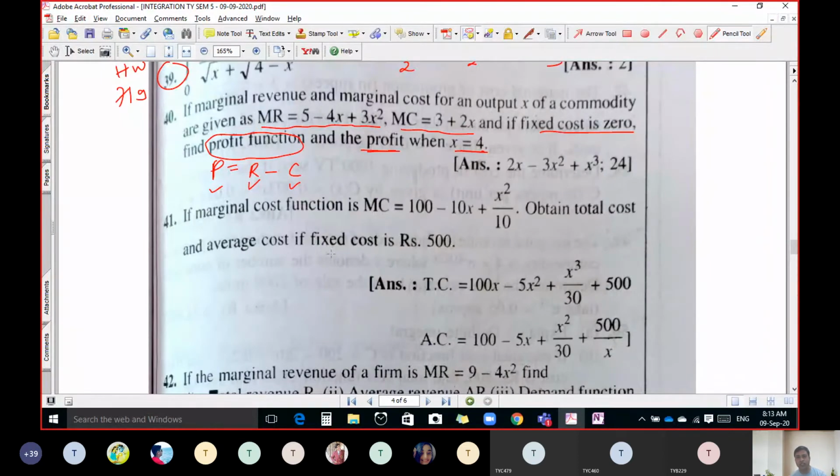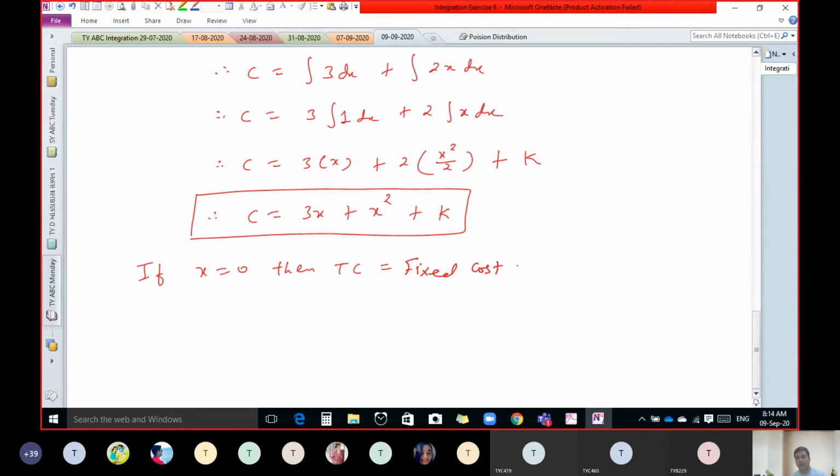See, in the next question, your fixed cost is 500. Right now in this question, our fixed cost is 0. So we have to take fixed cost 0 in this question only.